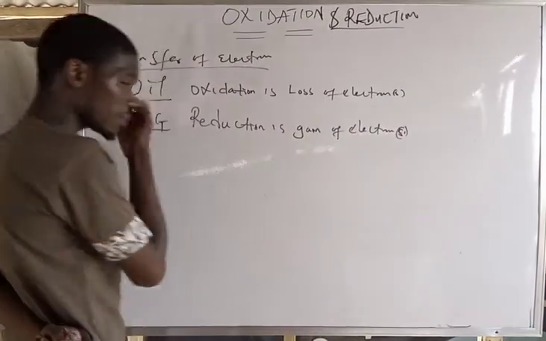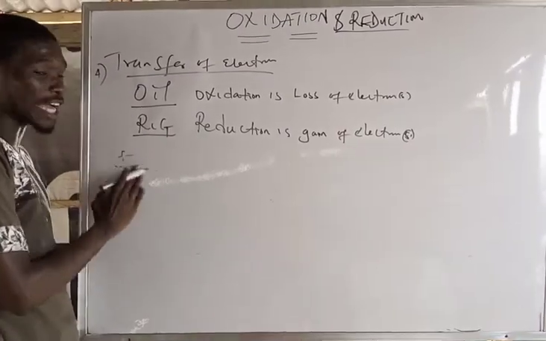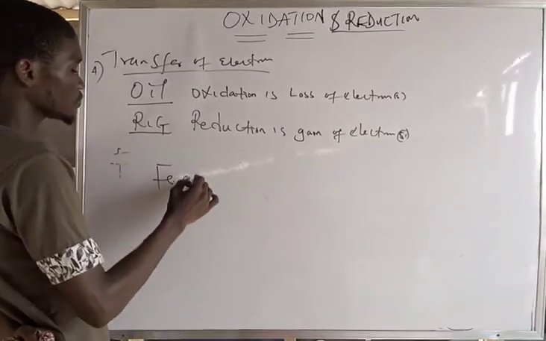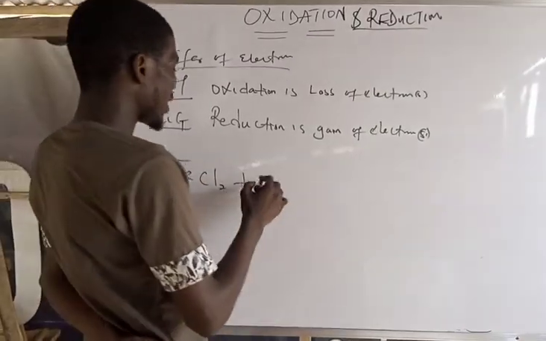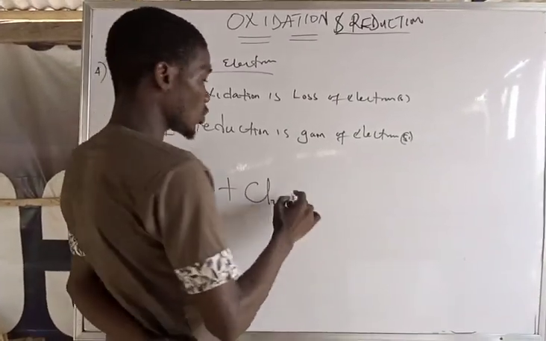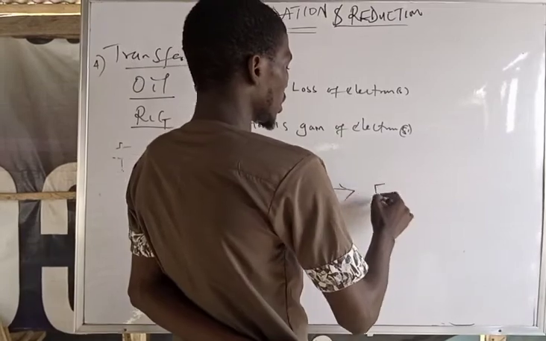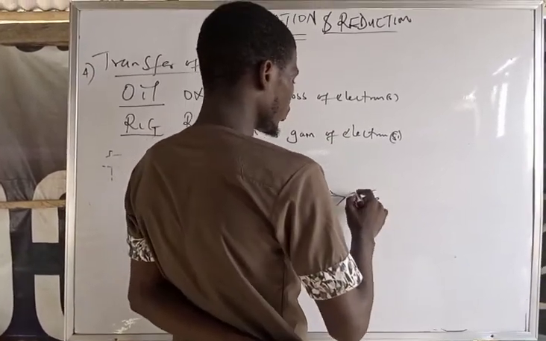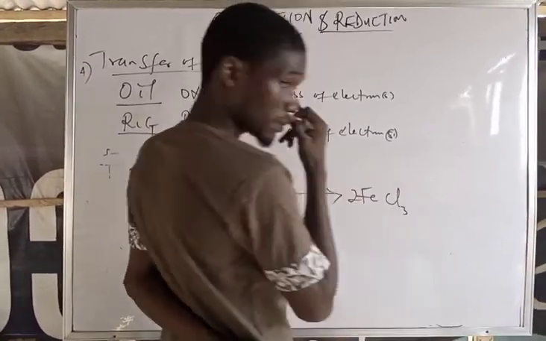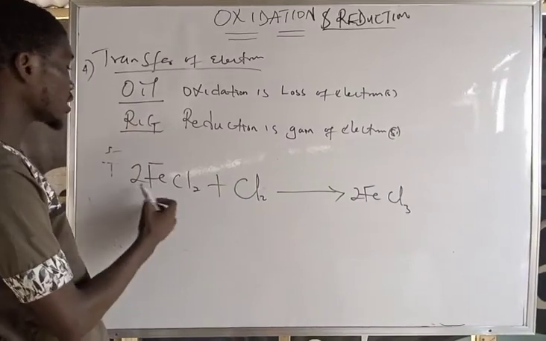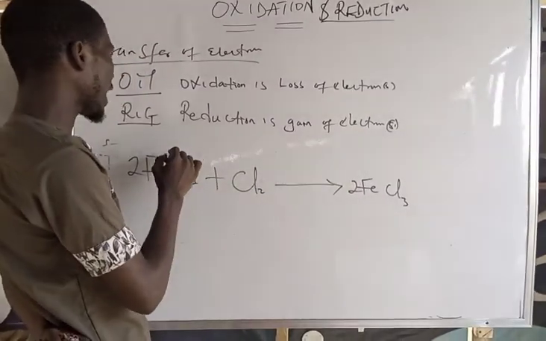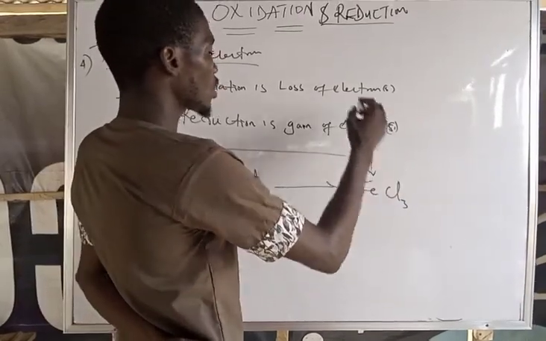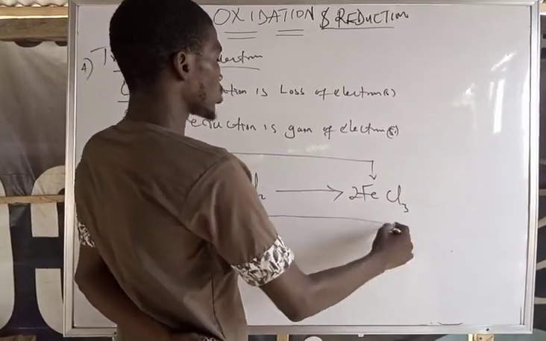So now a good example is when iron(II) chloride, which is this, reacts with chlorine gas, we have iron(III) chloride. So now when you count the number of chlorine you have here, it is 6, and I also have 1 here. So what we want to identify here is the oxidation and the reduction.